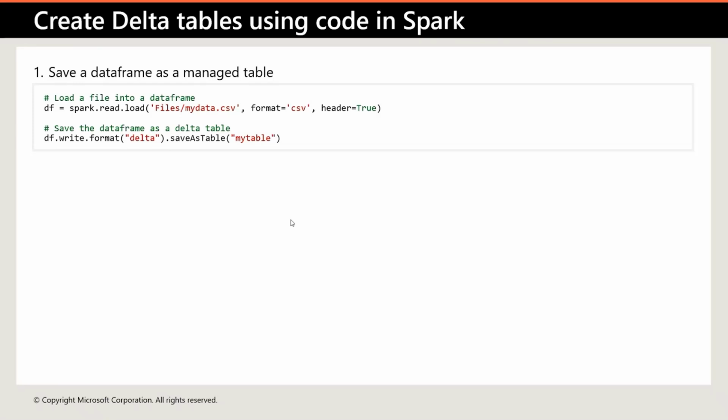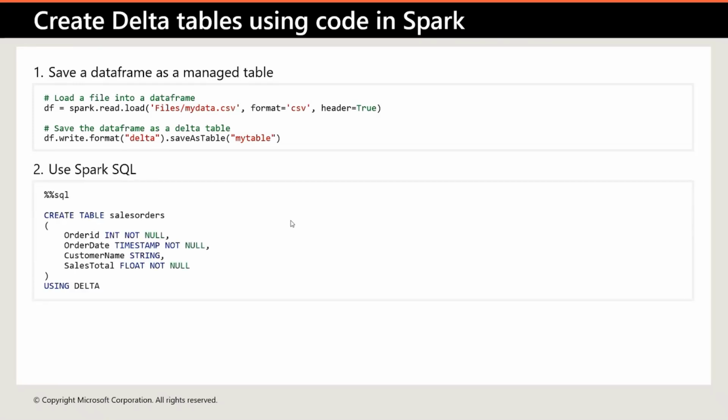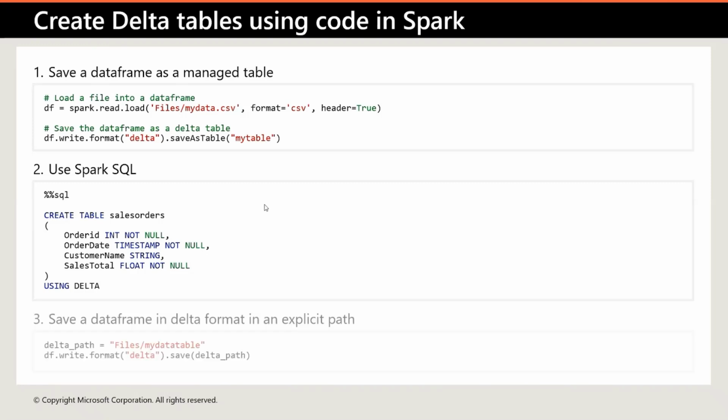Okay, then we can also use Spark SQL. All right, so you can also create a delta table by using the Spark SQL CREATE TABLE statement. And you can also save in the delta format.